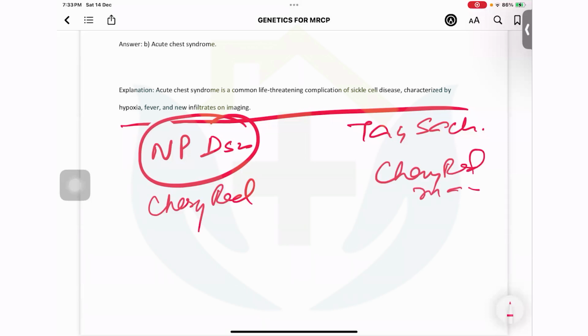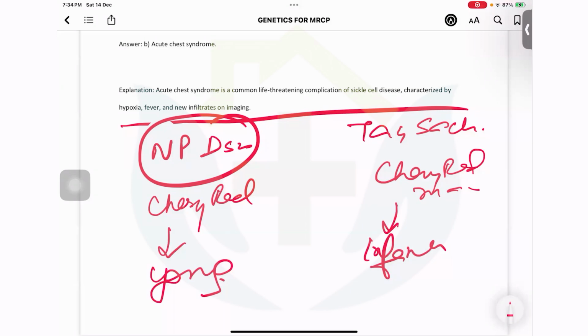You need to remember that Tay-Sachs is usually in infants and young children, and this is very important: Tay-Sachs usually presents in very young children. Not all children with Niemann-Pick disease have a cherry red spot, only a few. If I'm not correctly remembering, you can check it in the book, there are types of Niemann-Pick disease, and only one or the other has a cherry red spot.